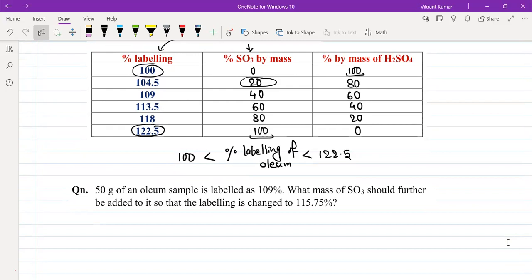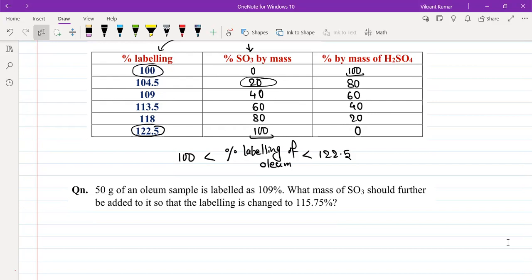मतलब, so 109% and 115.75%, मतलब there's 20% and then 30% वैसे हो गया ना, क्योंकि आपने बताया था 4.5 के change के लिए 20% बढ़ता है, then I got 30% like that. So फिर 30% of 50 grams.